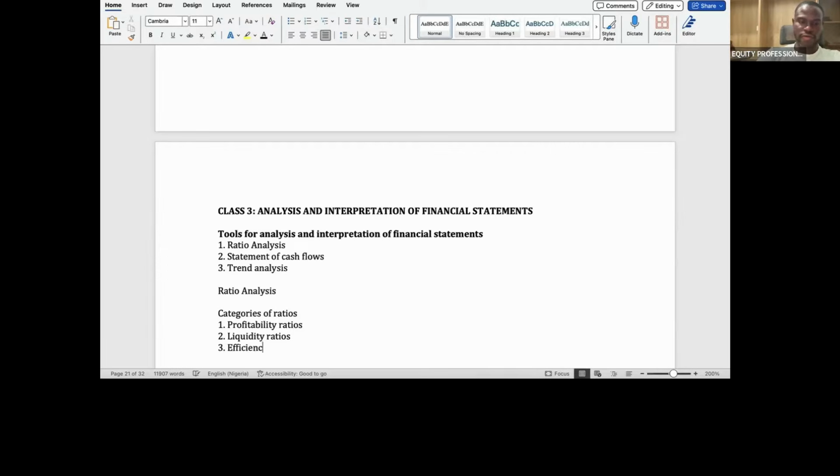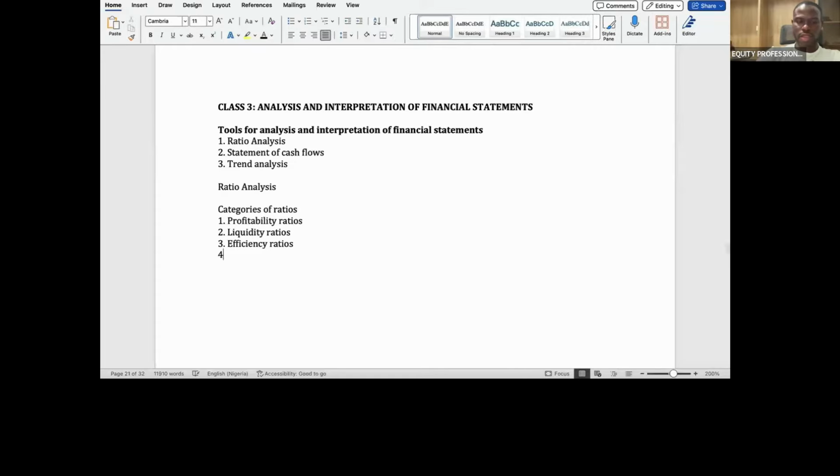Then we have efficiency ratios. We have solvency ratios. And finally, we have investors ratios. So these are primarily the 5 categories of ratios that we are going to be looking at. So let's pick the first one, which is profitability ratios.